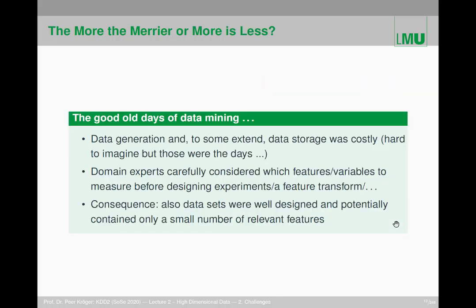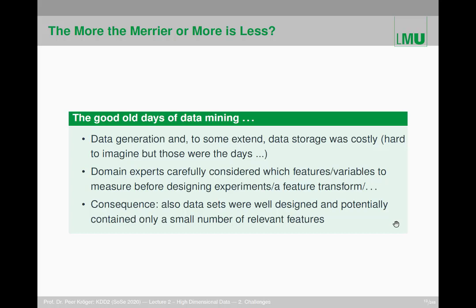So why is that an issue? Going back to the good old days of data mining, some 10 years ago or so, nobody can imagine anymore, but data generation and also to some extent data storage was really costly. As I said, hard to imagine, but those were the days back then.